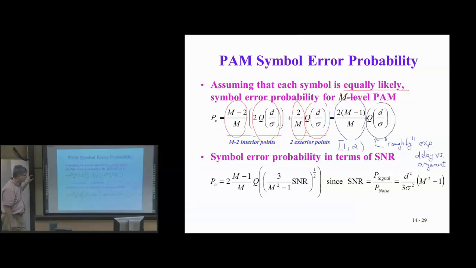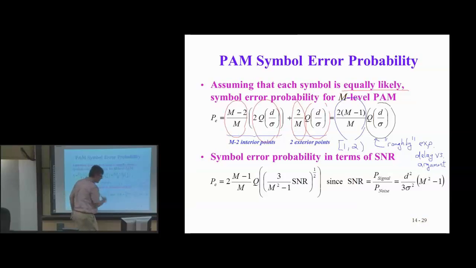So let's do that. We had the definition of SNR on the previous slide. SNR was just signal power over noise power, and it had this expression. If I want to rewrite what's in this d over sigma in terms of the square root of SNR, then we'll see a dependence on M, just from isolating terms.